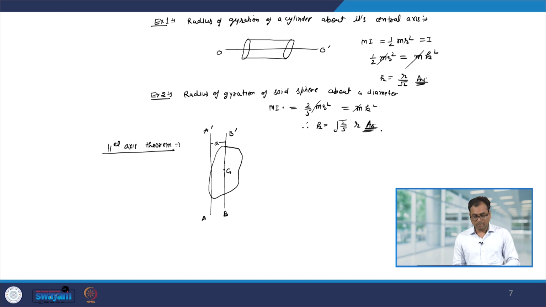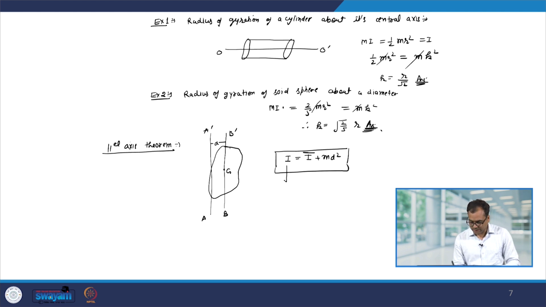Then the moment of inertia about A prime, let me denote it by I, equal to the moment of inertia about B prime, let me denote it by I bar, plus m d square. Okay.